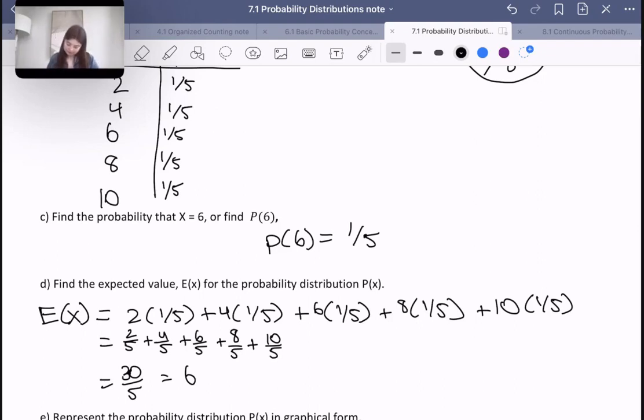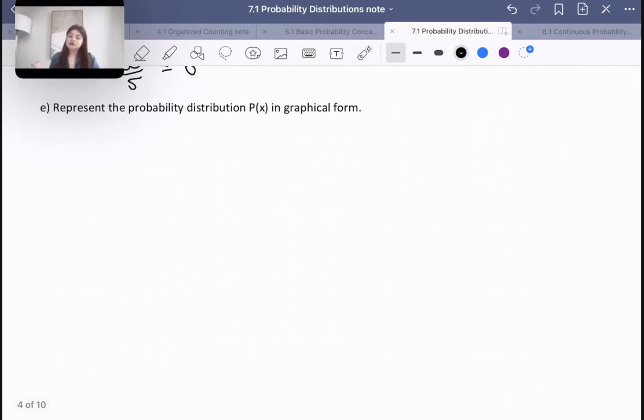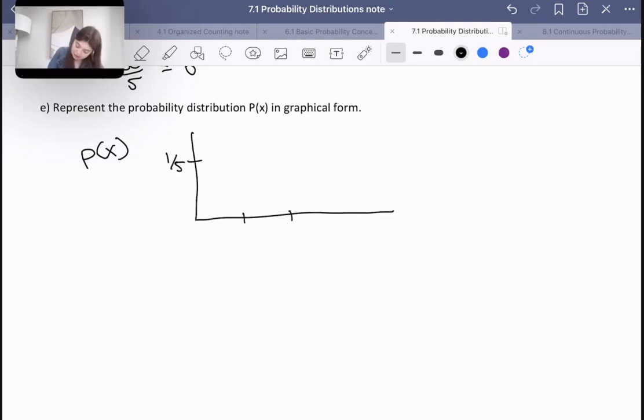Very good. Then they ask us to represent the probability distribution in graphical form. So I'm going to go ahead and do that. In this case, all the probabilities are equal to 1/5, and the possible answers are 2, 4, 6, 8, and 10, right?